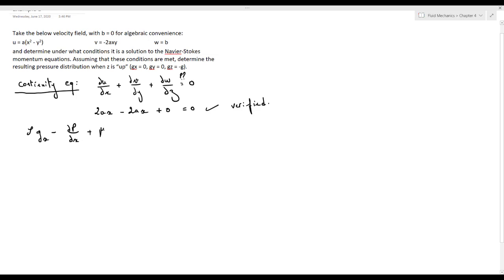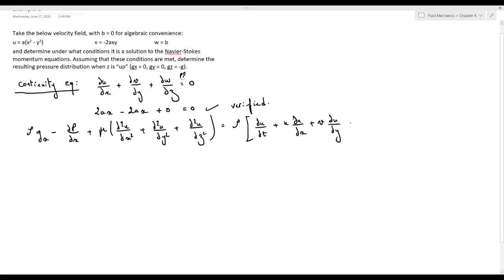So first we start with the x momentum equation. Rho gx minus del p over del x plus mu into second derivative of u with respect to x plus second derivative of u with respect to y plus second derivative of u with respect to z equal to rho into the acceleration in the x direction, del u over del t plus u del u over del x plus v del u over del y plus w del u over del z.